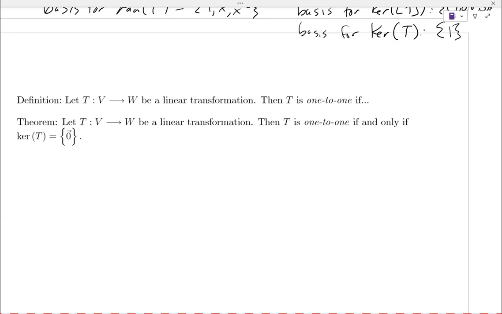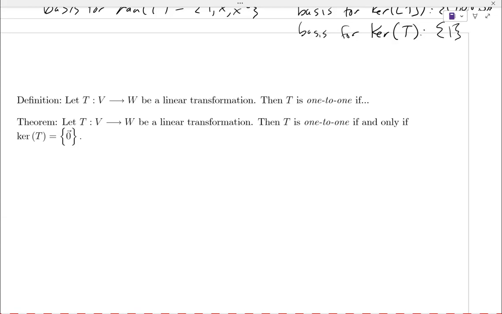Remember what it means to be one-to-one? Just in functions in general? If I have algebraically, if something is one-to-one, what does that mean? Yeah, there's only one output, and if I put in different inputs, I get different outputs, right? That's what one-to-one means.